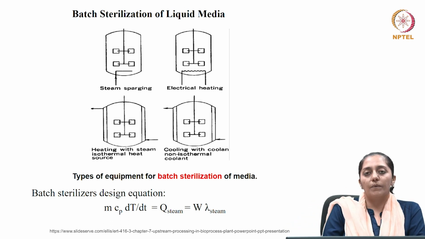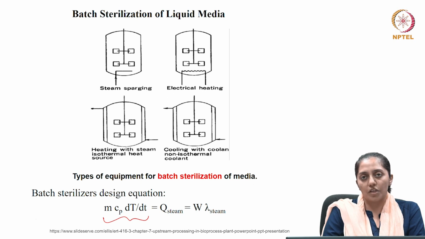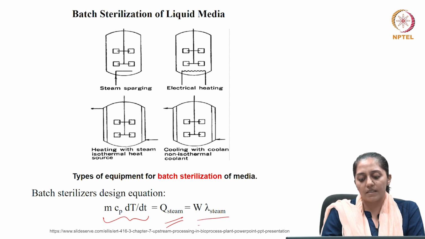So, the design equation for the batch sterilizers: the rate at which the temperature of the medium would change during sterilization, let us assume it is the steam sterilization process, will depend upon the heat which is being released by the steam, which can be given as W times lambda of steam.